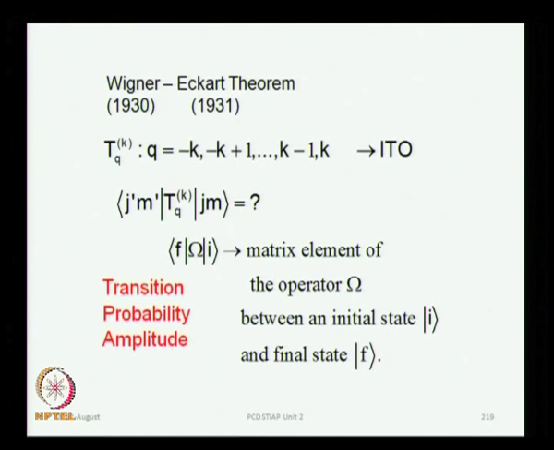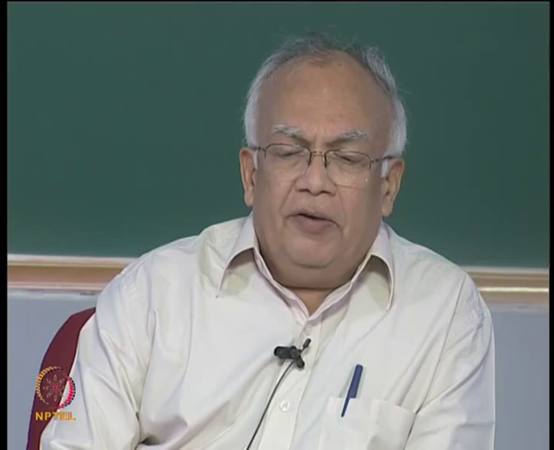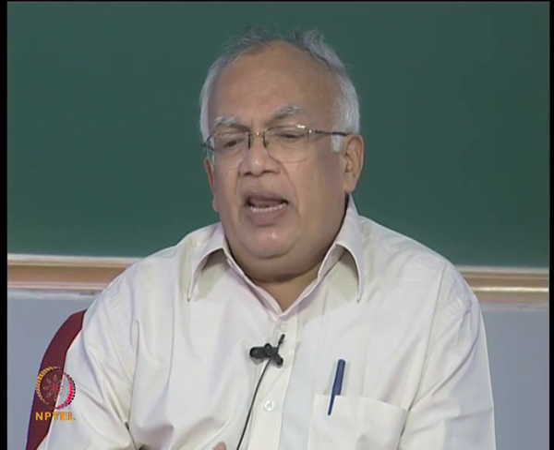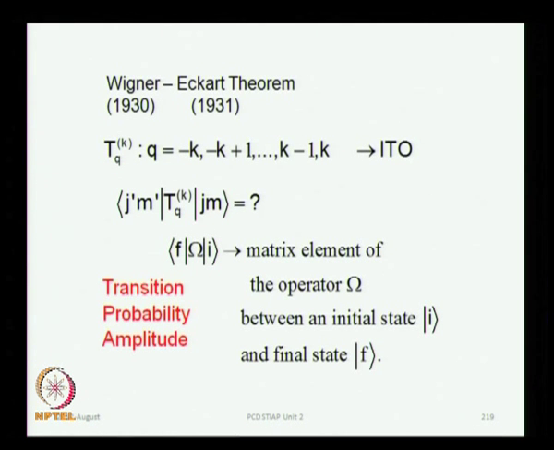And this physical interaction, which for us is now a certain irreducible tensor operator, we have now to look at the matrix elements of this tensor operator. Now the state I and the state F will be labeled by appropriate quantum numbers, what we call good quantum numbers. These quantum numbers would typically consist of the angular momentum quantum numbers, the quantum numbers of j square and jz.